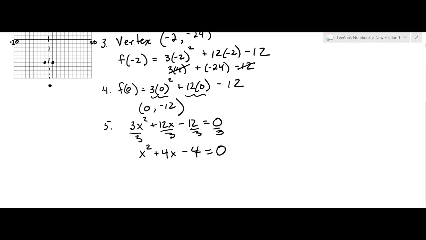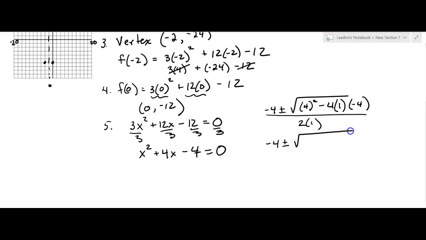So I can put it in the quadratic formula. So the opposite of b plus or minus the square root of b squared minus 4 times the a, which is 1 now, times the c, which is negative 4, over 2 times a. So I get negative 4 plus or minus the square root of 16 plus 16 over 2, which is negative 4 plus or minus the square root of 32.